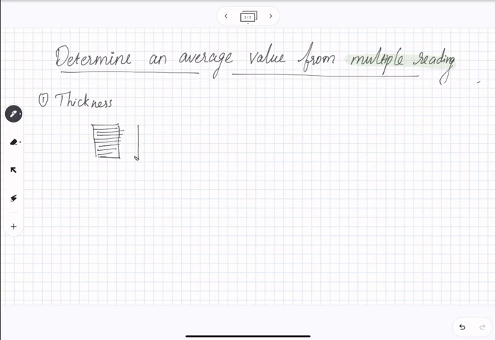So the total thickness, let it be X. That is nothing but total thickness. And the number of pages will also be given. Let it be Y. And you need to calculate what is the thickness of a single page.